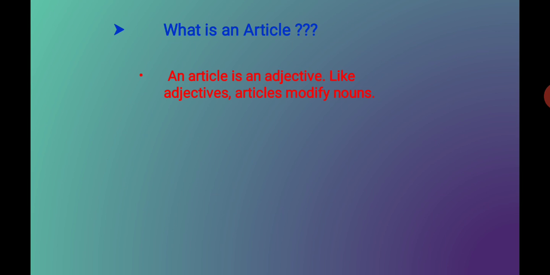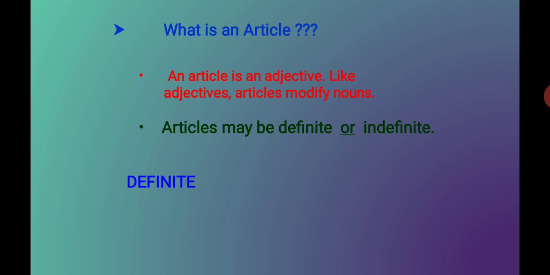As adjectives describe the nouns, in the same way the articles also modify the nouns. They also represent the number of the nouns. We also learned that articles may be definite or indefinite. Definite article means "the". And what are the indefinite articles? "A" and "an". Right? This is the basic information about this lesson.